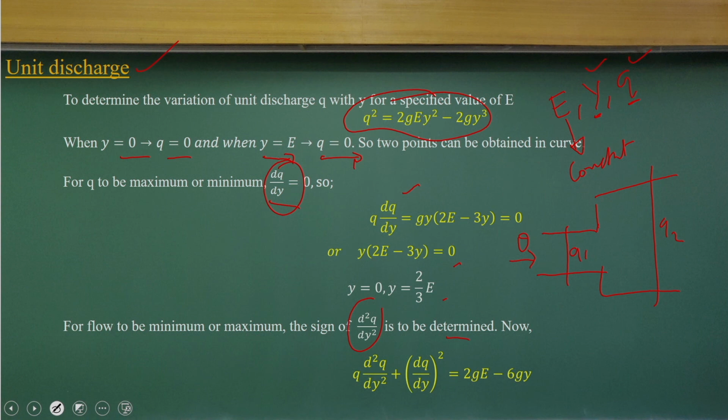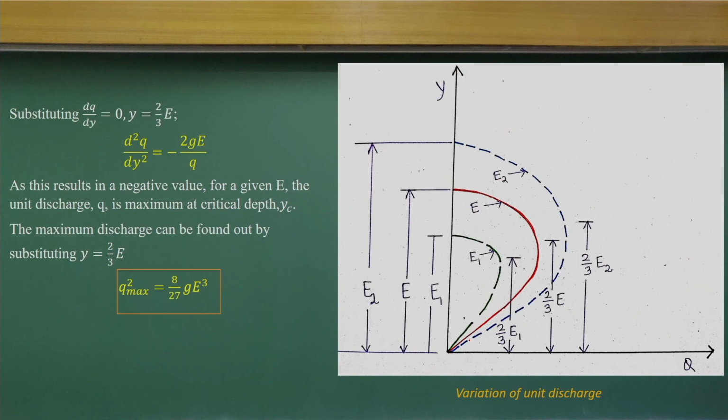rate is maximum or minimum. What we interestingly found is that if I draw the Q values and the Y values, we will get a typical curve like this for a constant specific energy.